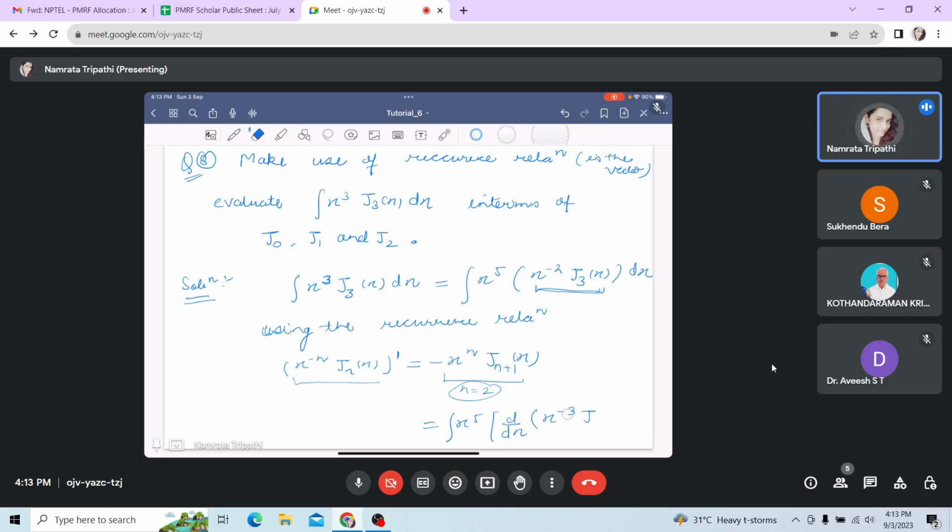Sorry, this is minus 2. Is it okay? I'm just putting the value of z minus 2, z3 of x using this recurrence relation.